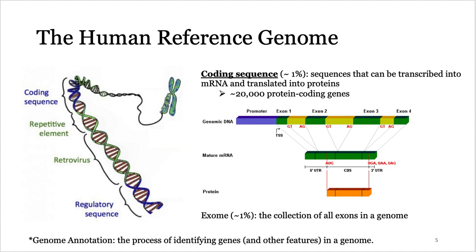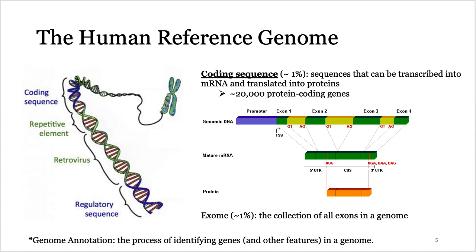The other 99%, what do they do? At the very beginning, they were considered as junk DNA. They thought that they didn't do much. But nowadays, with more research, we are starting to understand what those junk DNA do. One major function is the regulation of gene expression.